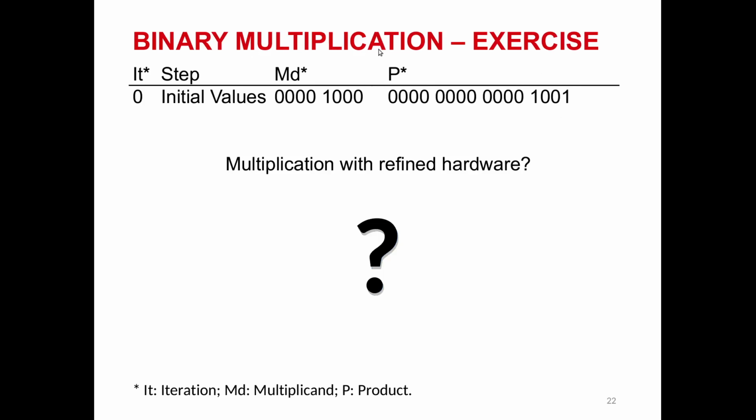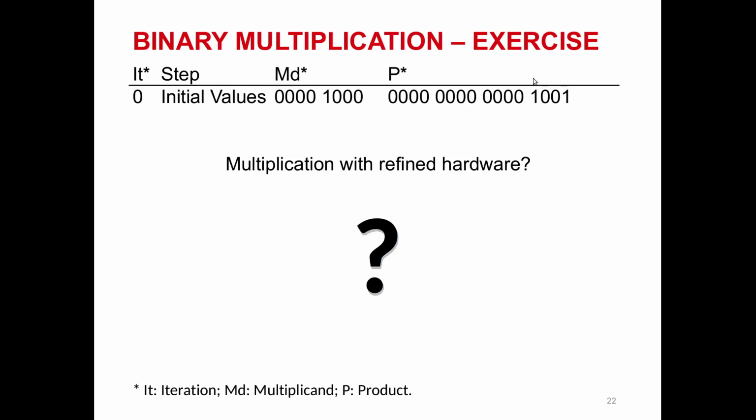In binary multiplication using the refined hardware, we have the initial value of MD or multiplicand is 0, 0, 0, 0, 1, 0, 0, 0 or 8, and we have the initial value for product, the higher part, the left part of the product P is 0 as initial value.